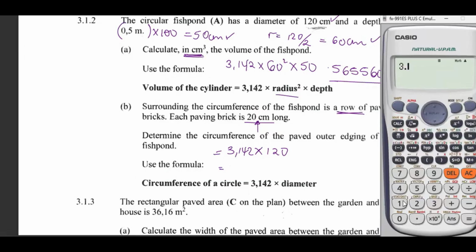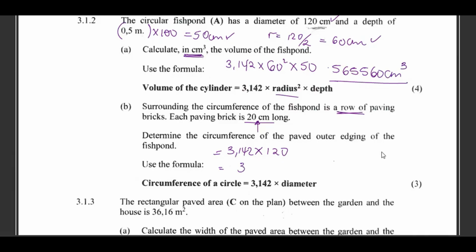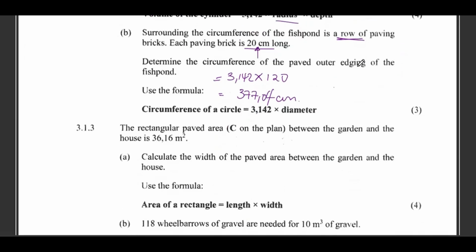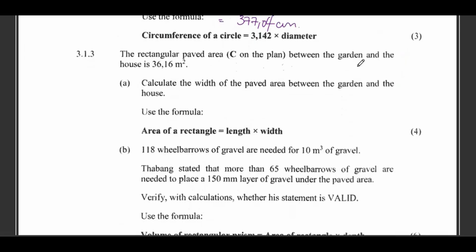So 3,142 times 120. All right, if we look at 3.1.3, it's saying a rectangular paved area C between the garden, calculate.